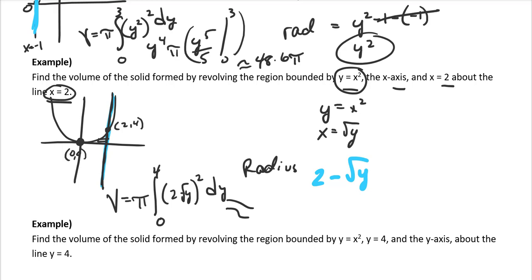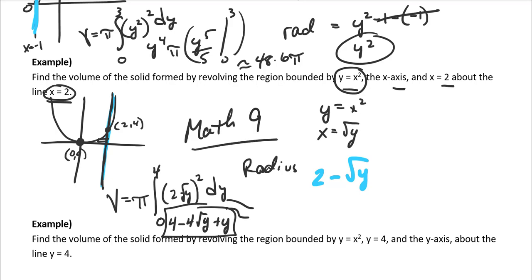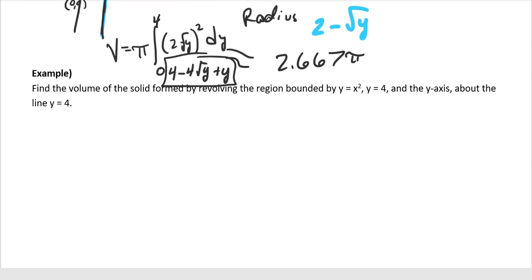If you wanted to multiply this out, you should get 4 minus 4 square root of y plus y. And you can very easily integrate that without a calculator. But if you wanted to use Math 9 on your TI to find out what you get, you should get about 2.667, and you got to multiply all of that by pi, right? The antiderivative there.